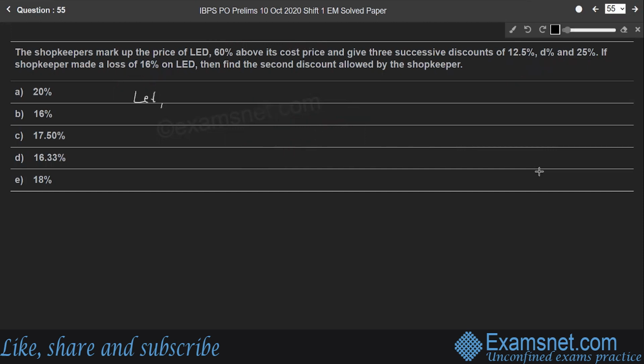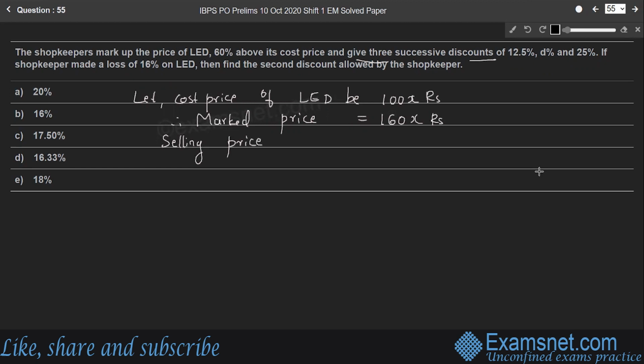Let the cost price of the LED be 100x rupees. Therefore, the market price will be 160x rupees, 60% above the cost price. And the shopkeeper gave 3 successive discounts.